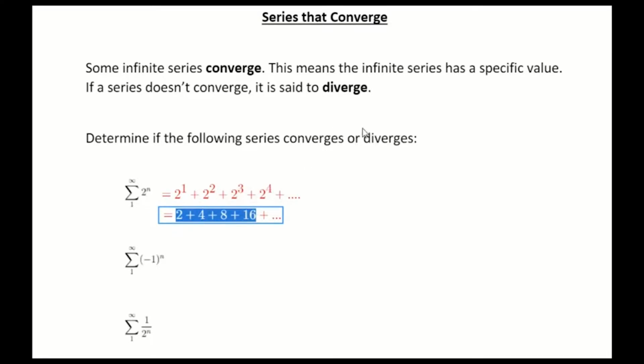Okay, we talked last time about when it is that a geometric series converges, although I didn't use that word converge, I just said, hey, this is when this thing will have a sum.